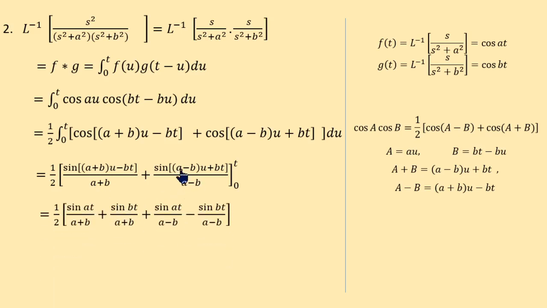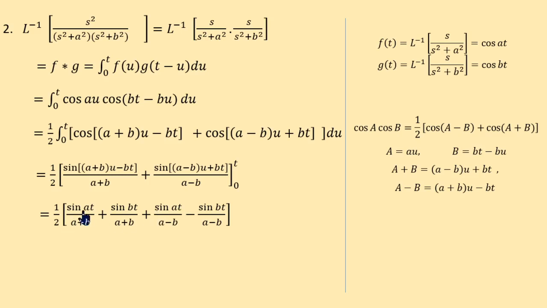And similarly here upper limit t means at minus bt plus bt cancels, sin at by a minus b, and lower limit 0 means sin of bt, so lower limit value, so minus sin bt by a minus b. Now how to simplify this? Sin at by a plus b plus sin at by a minus b.